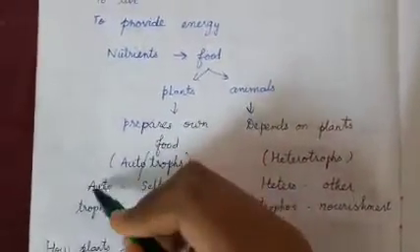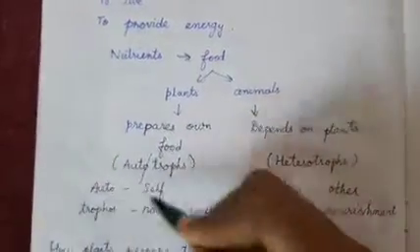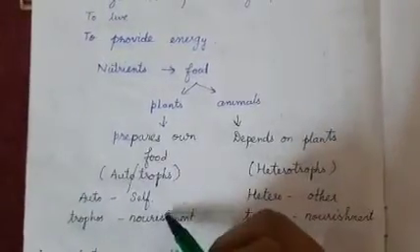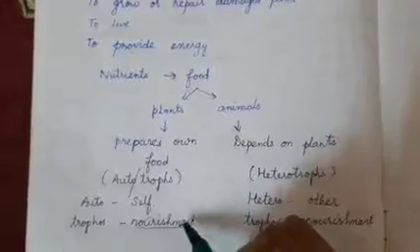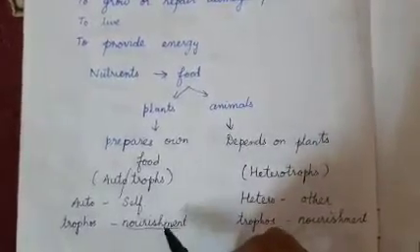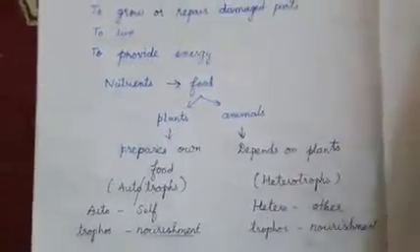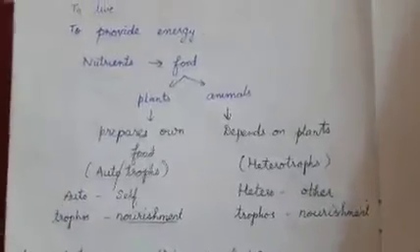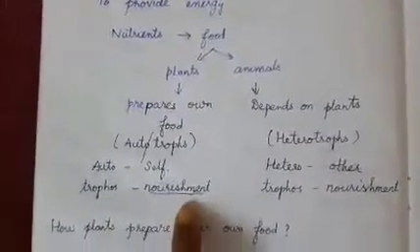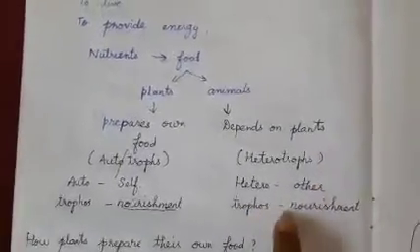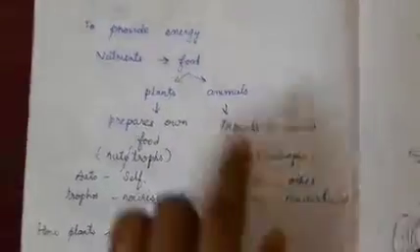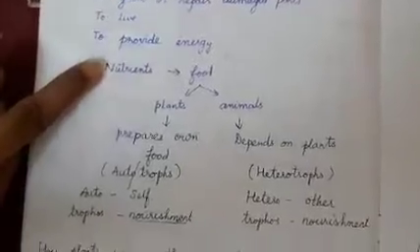Auto means self. Trophos means nourishment. What is meant by nourishment? Nourishment means growth, and whatever is necessary for our growth is your nourishment. Hetero means other, different. Trophos means nourishment.